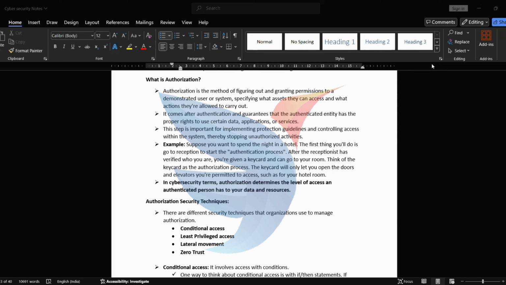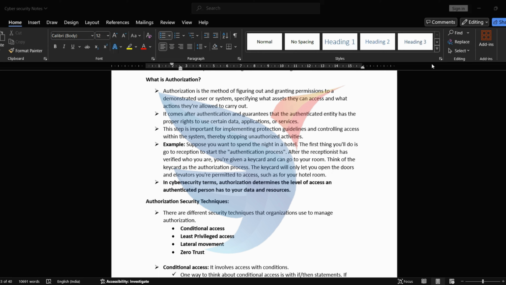So in today's topic, let's see what is authorization and different security techniques used for the authorization. So what is authorization? Authorization is the method of figuring out and granting permissions to a demonstrated user or system, specifying what assets they can access and what actions they are allowed to carry out.